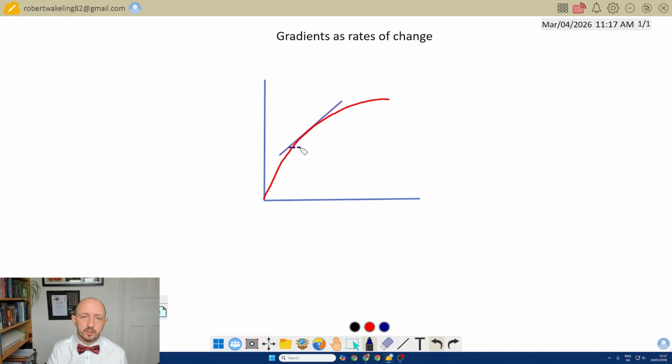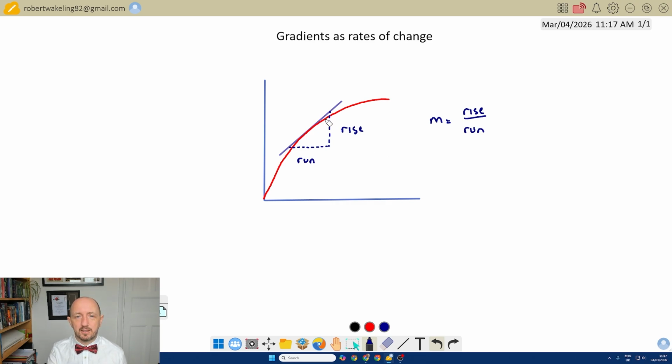So you would draw your triangle just like we always do and do your rise over run, or however you work out the gradient, y2 minus y1, all of those different ways. m equals the rise over the run. A relatively simple thing to get your head around. If you want to work out the gradient of a curve, we have to put a tangent in. That's the first bit of knowledge you need to know.